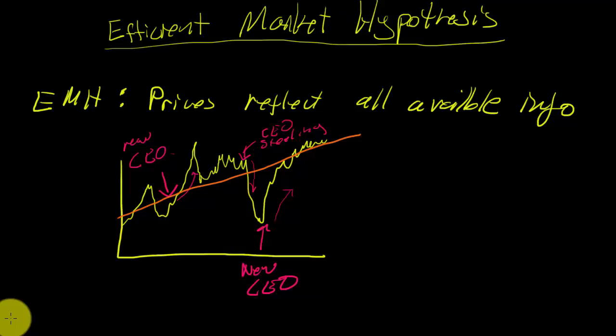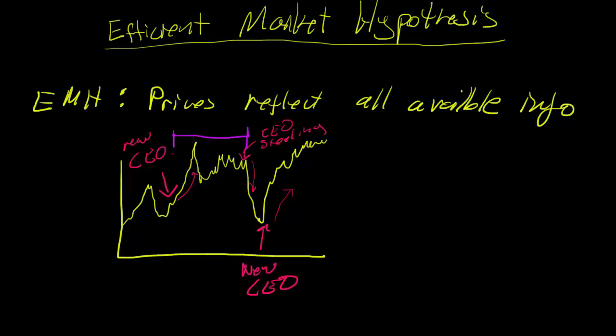And so you'll note that all of these prices between this time period and this time period do not reflect the fact that the CEO is stealing. How come? The CEO is stealing the entire time of his tenure. Why don't prices reflect that reality?